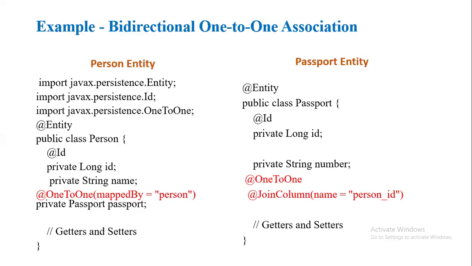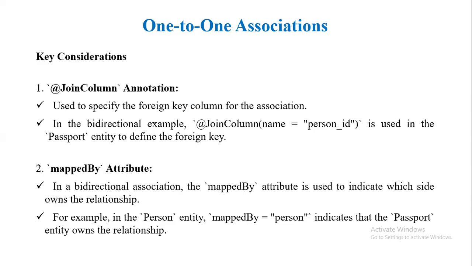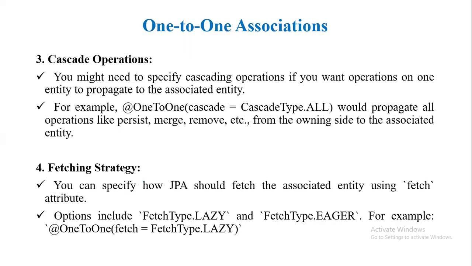You just look at @OneToOne, within the brackets we have used mappedBy = "person". In a bidirectional association, the mappedBy attribute is used to indicate which side owns the relationship. For example, in the Person entity, we have defined mappedBy = "person", which indicates that the Passport entity owns the relationship.